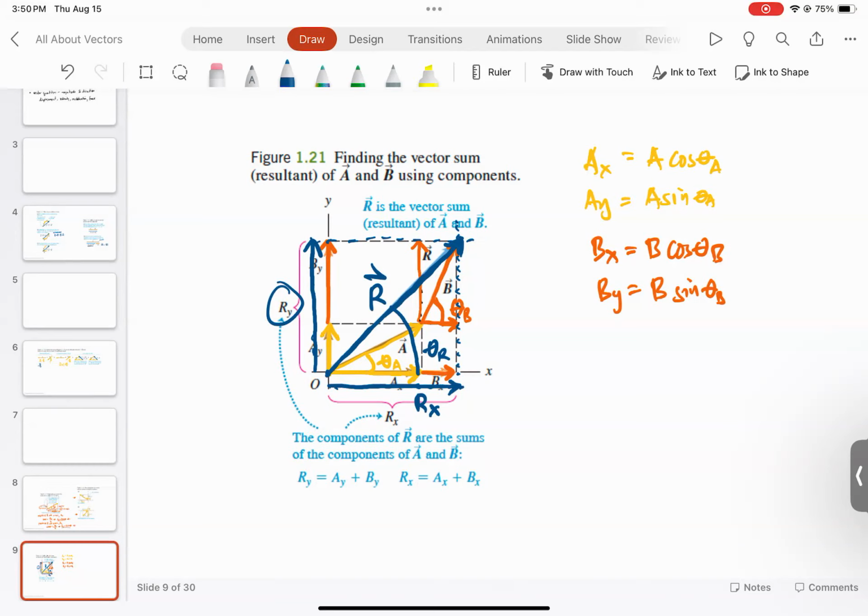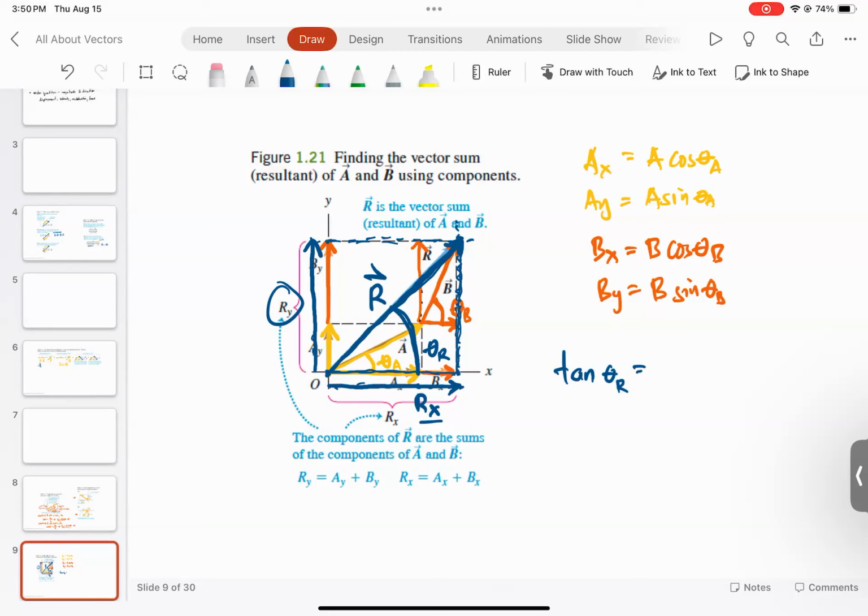Since we know yung Ry tsaka Rx, alam din natin na from trigonometry, tangent theta R, ito yung theta R, ito yung right triangle natin, and ito yung hypotenuse, so ibig sabihin ito yung opposite, ito yung adjacent.